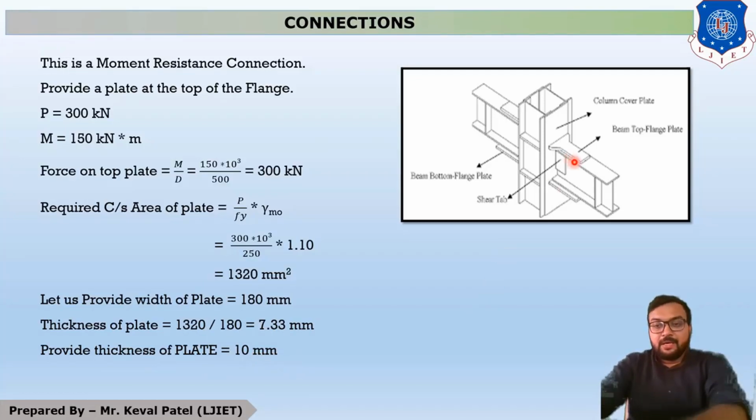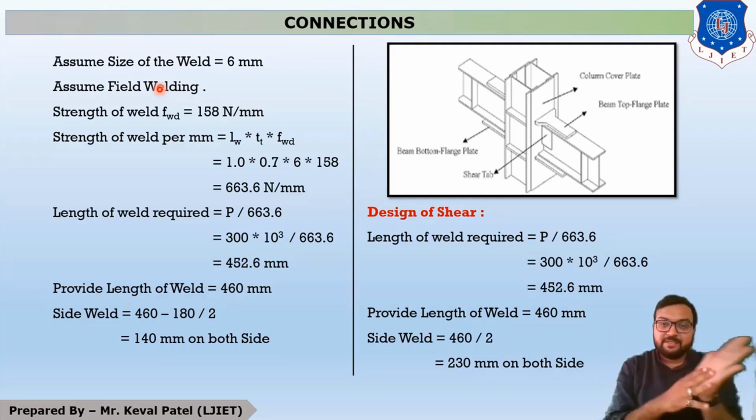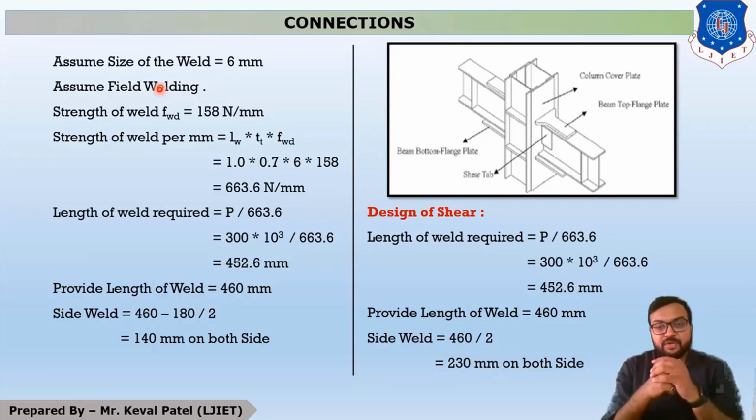Okay. Now the size of the plate provided at the top of the flange is 180 mm width and 10 mm thickness. Now how much welding is provided over there? For a 10 mm thick plate, as discussed in the last example, the minimum size of weld is 3 mm and the maximum size of weld is 8.5 mm.